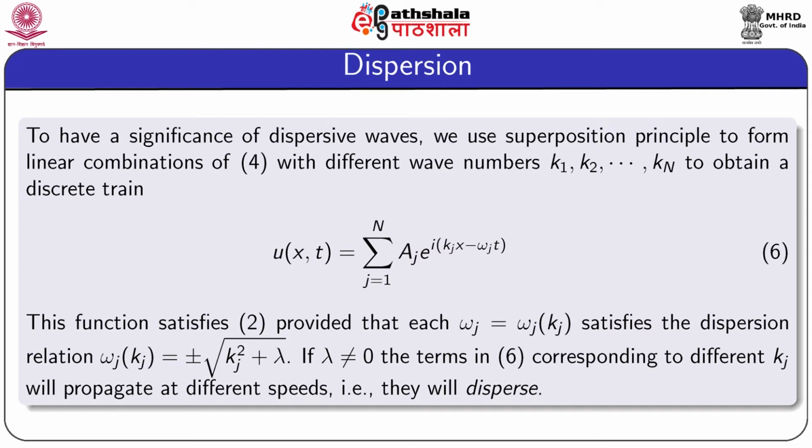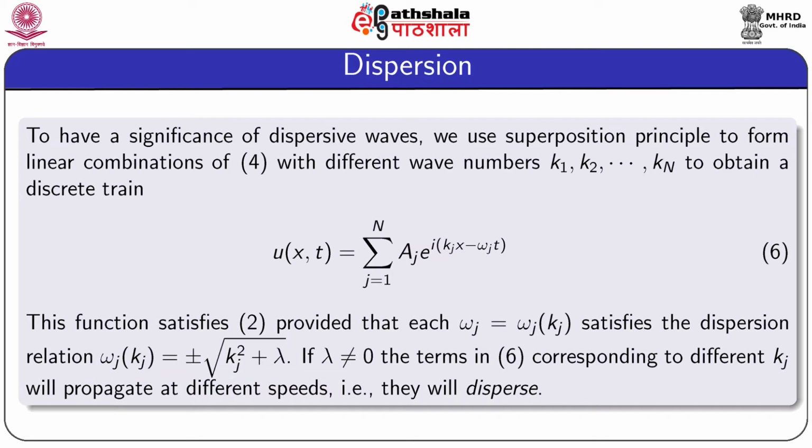That means we can prove that u, having the expression written in 6, will satisfy equation 2, provided omega j is some function of kj and omega j equals plus or minus square root of kj square plus lambda, where lambda is not equal to 0.